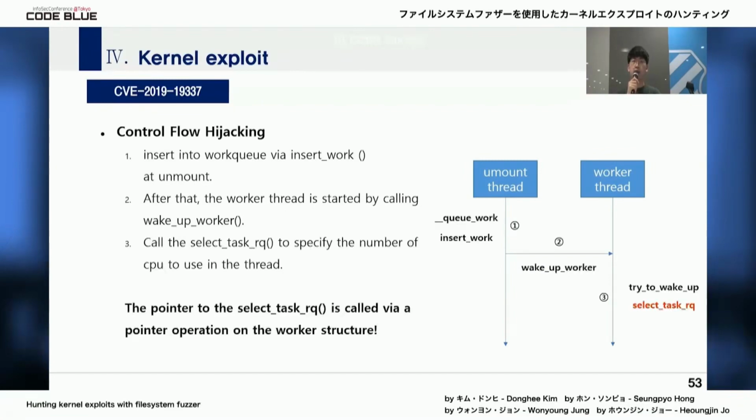At this time, the select_task_rq function pointer is referenced using the field of the work queue structure that was controlled through the previous heap spraying technique. So it is possible to manipulate the pointer in an environment where the kernel protection techniques are off.